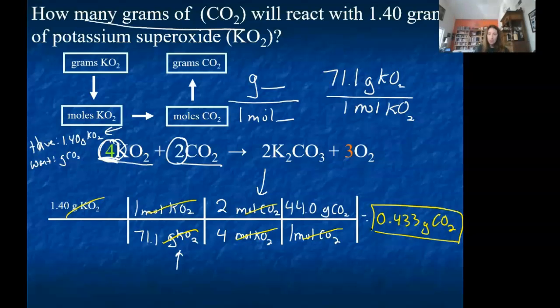So again, the whole point of this is we were trying to get to this new piece, this mole-mole ratio, right? When you have something and you want something else, you've got to do a mole-mole ratio in between. So we have KO2, but they're asking for CO2. That's how we know we need a balanced chemical equation. That's literally the key.